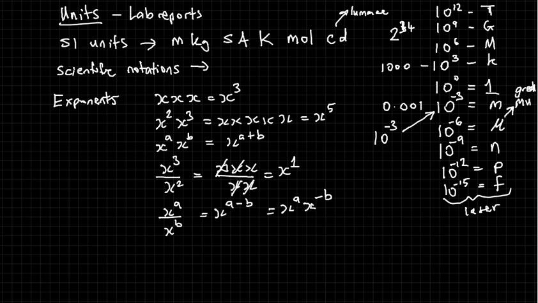And basically that is the exact same, because if we use the first rule we have, it's just x, and I go a plus negative b, which is a minus b. So what this 10 to the power of negative 3 actually means is 1 divided by 10 to the power of 3. And so I'm dividing the number by 1,000 if I have some number over here.